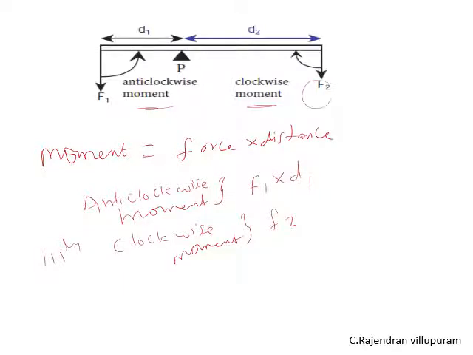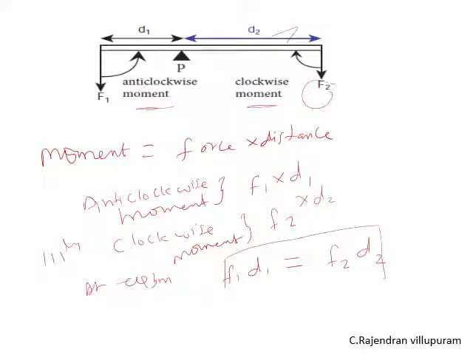F2 into D2. So what is the principle of moments at equilibrium? The algebraic sum of the anti-clockwise moments is equal to the algebraic sum of the clockwise moments. This F1 D1 is equal to F2 D2.